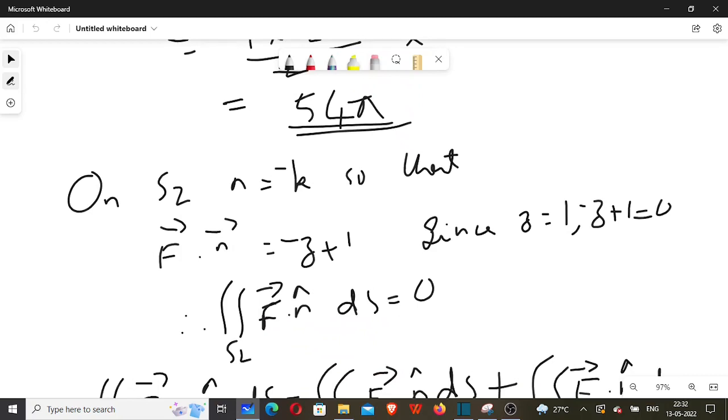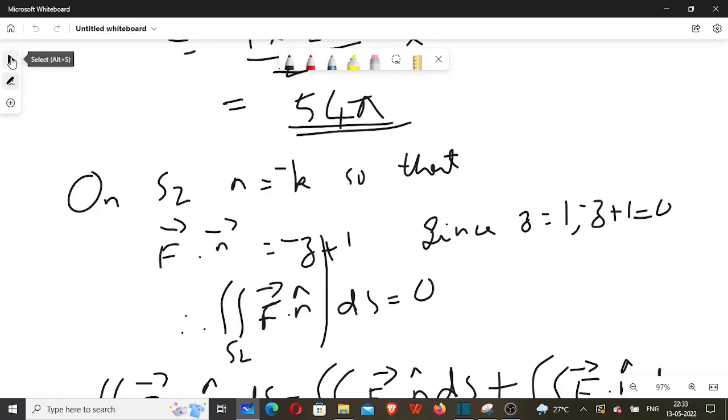On S2, the surface is z equal to 1, n equal to minus k, so that f dot n is equal to minus z plus 1. Since z equal to 1 is the plane, minus z plus 1 is equal to 0. So f dot n ds equal to 0.